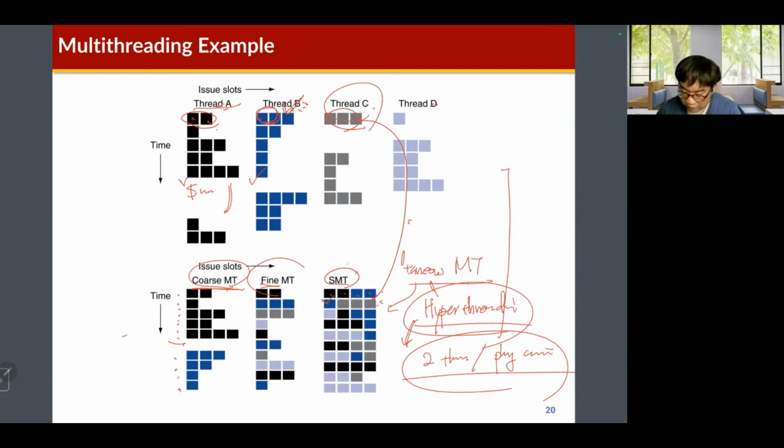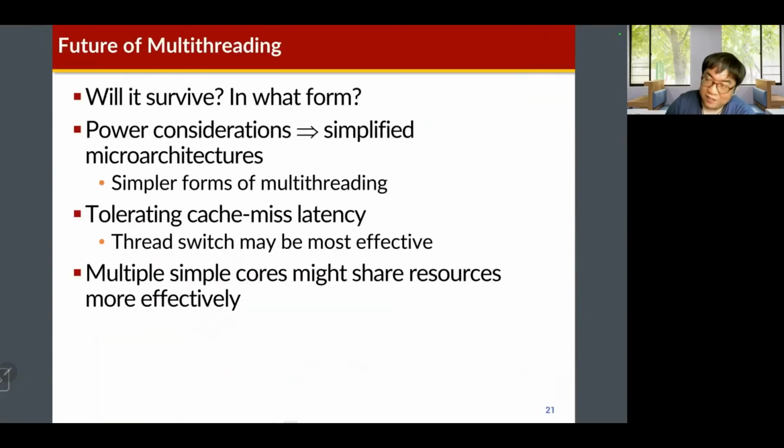As you can see, the efficiency is higher if we implement simultaneous multi-threading. This simultaneous multi-threading is the hyper-threading in Intel CPUs. It is a very fancy idea because a CPU already has enough execution units that can execute multiple instructions.